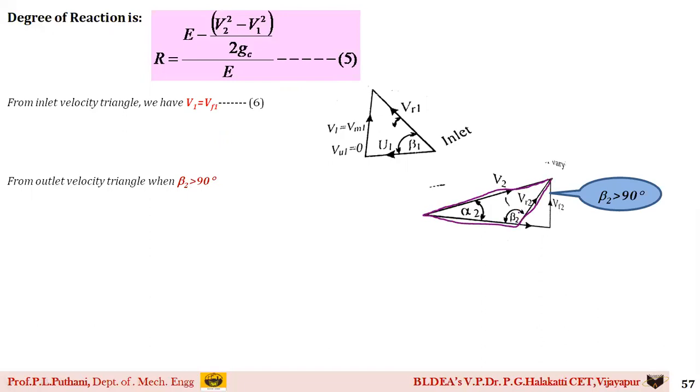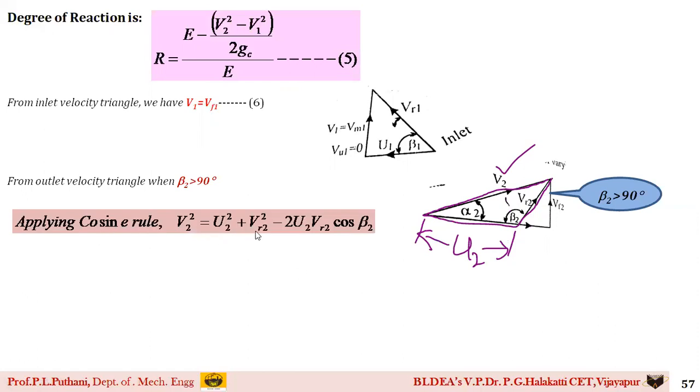Here we are applying the cosine rule. Beta 2's opposite side is V2, so V2 square is equal to the sum of the squares of the other two sides, that is U2 square plus VR2 square minus 2U2 VR2 cos beta 2.